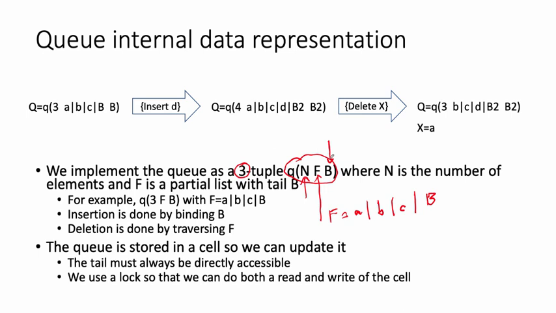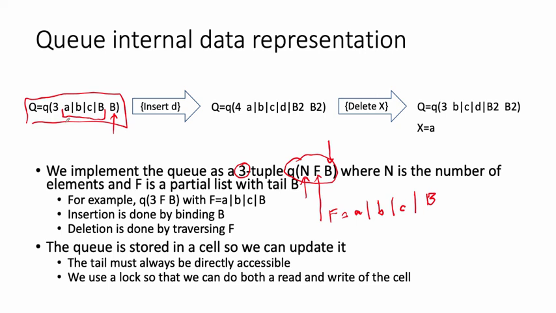So if I want to insert into the queue, here on the left I have a queue with 3 elements, A, B, and C in there, and B is basically the back of the queue, and it's unbound.